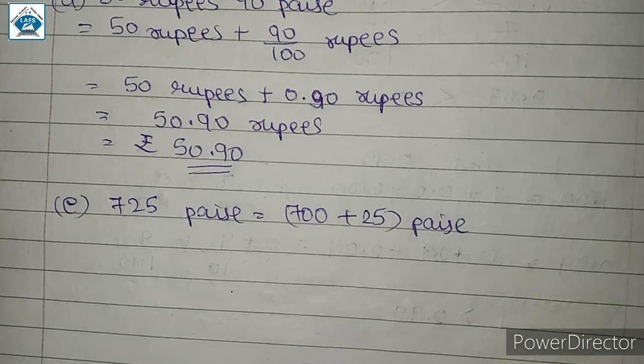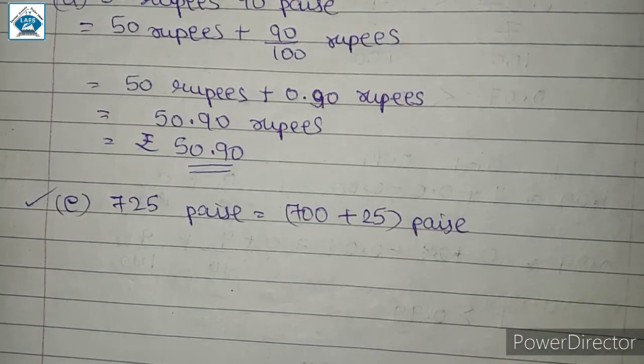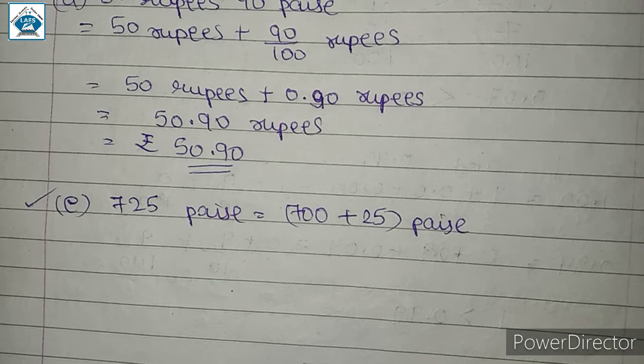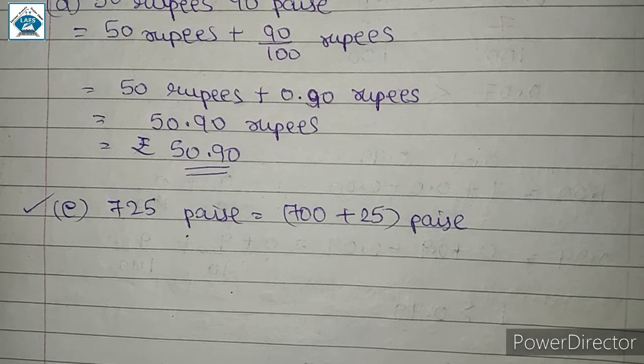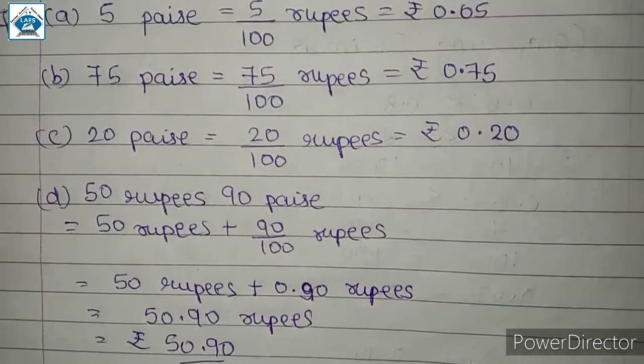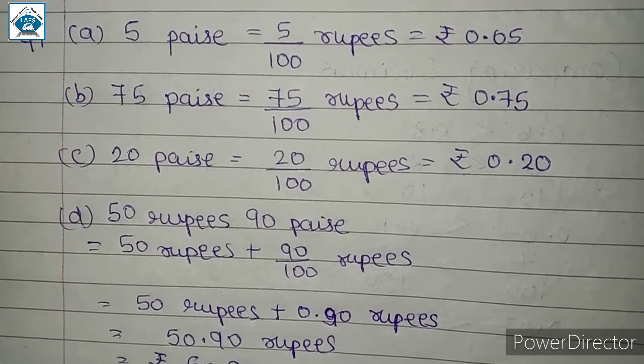So this is homework for you. You have to solve this question on your own. I have already given you a hint. 700 divided by 100 and 25 divided by 100 करना है. So whatever the answer is, that will be equal to 725 paise. So in this way you have to solve question number 1 in your notebook.